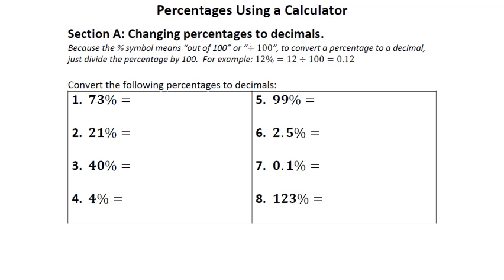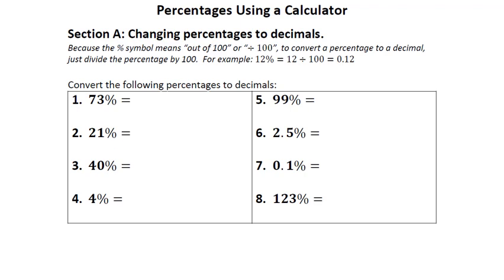A good way to make sense of this in your head is to remember that percent is not just telling you to get rid of the percentage sign and put a 0 point in front. It literally means to divide by 100. So take the number 4, divide it by 100. So divide it by 10, you get 0.4, divided by 10 again, 0.04, and that's what you're looking at.